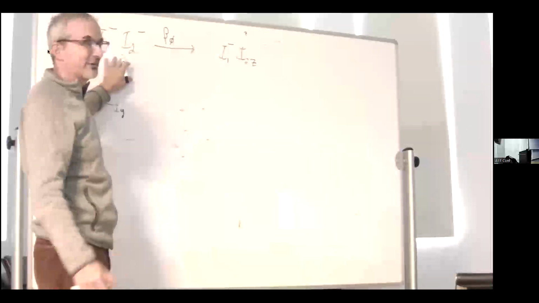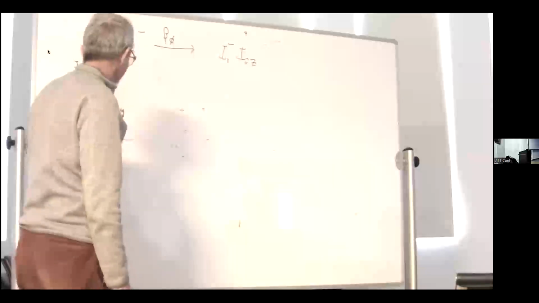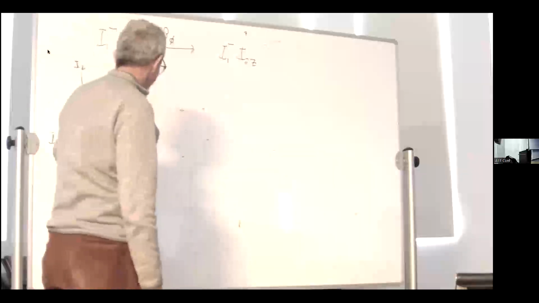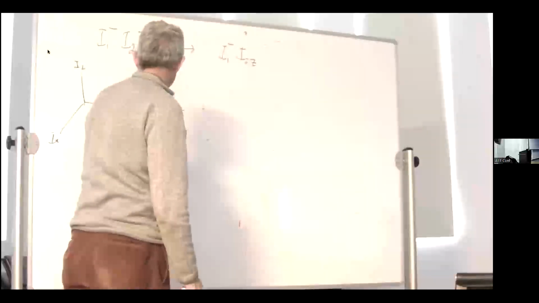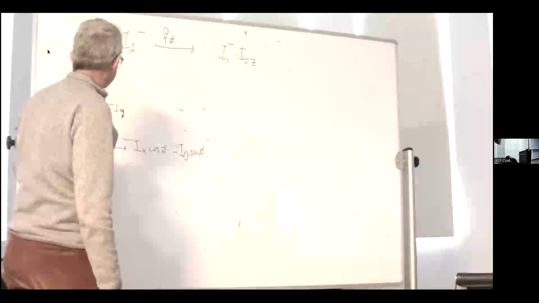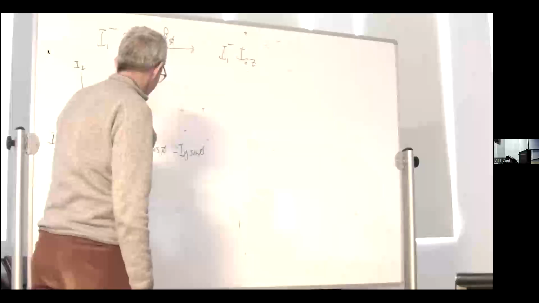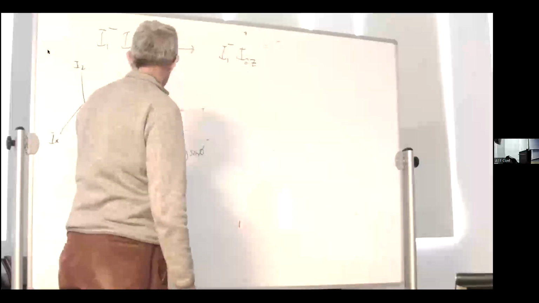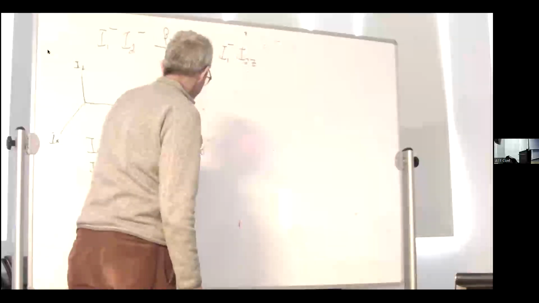And since I can never remember this, we can just do this by hand. So Ix, if we rotate around Z by minus phi, becomes Ix cosine phi minus Iy sine phi, and Iy becomes Iy cosine phi plus Ix sine phi.